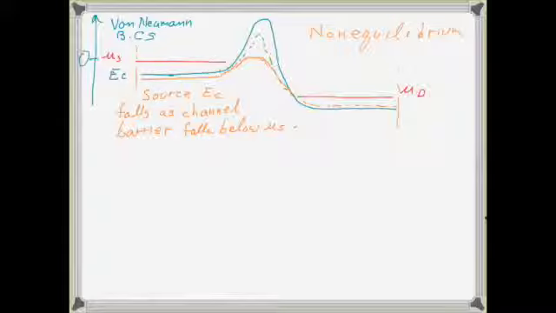So the question is, why is the conduction band in the source falling? Right away, let me say this is what they call a spurious result, meaning it's an artifact of the algorithms and the calculation. So we need to understand what's happening and why this happens. What do you think?